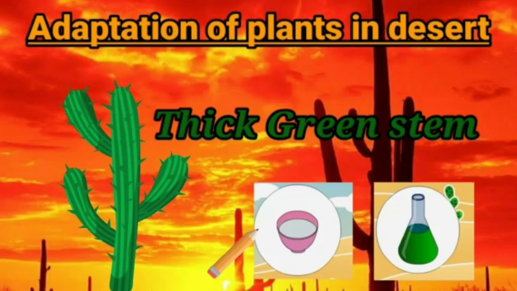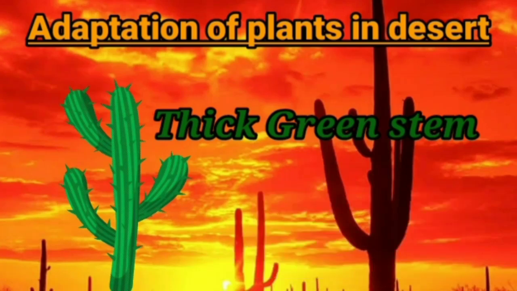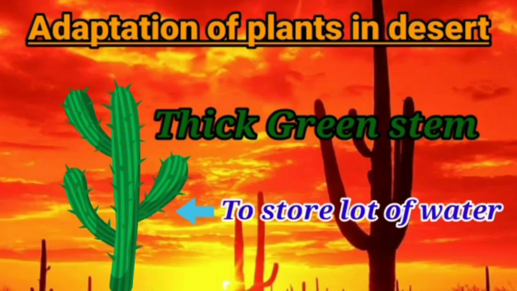Therefore, more sunlight can directly fall on the water. So, more water will evaporate. As we know, cactus plant has a thick stem. This thick stem can store a lot of water when water is available.